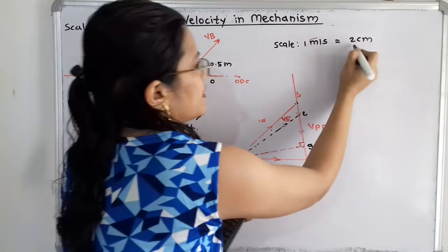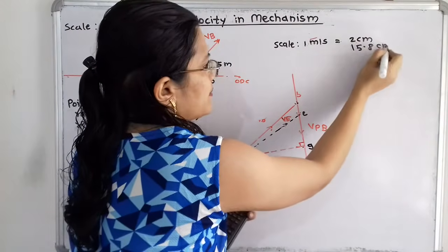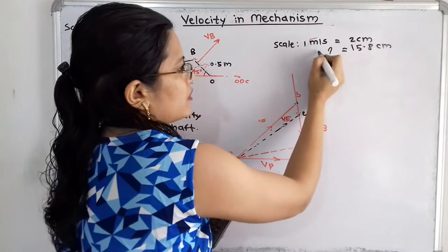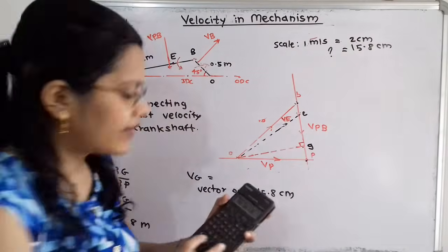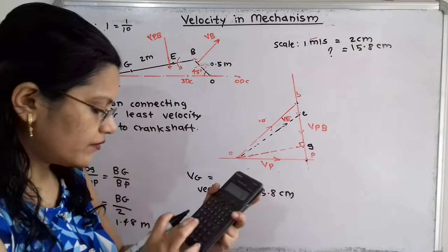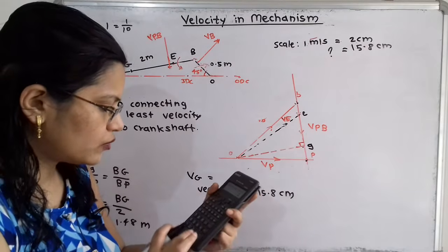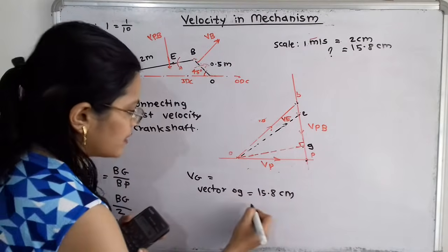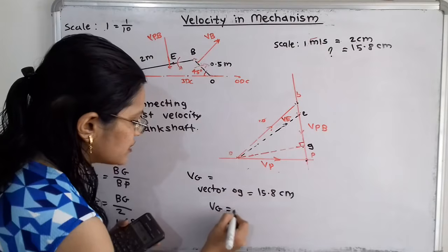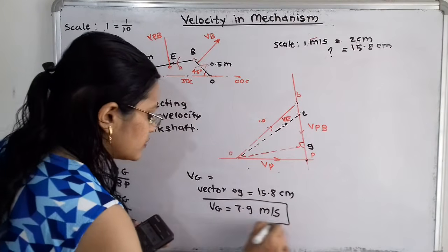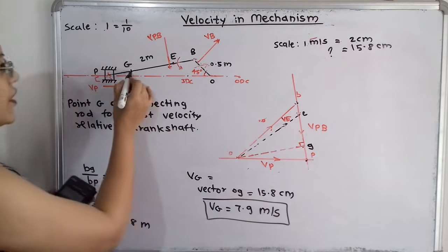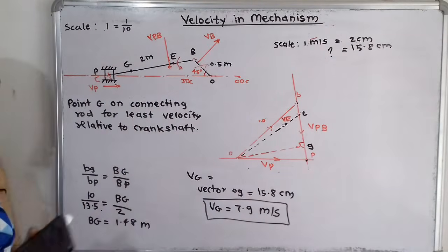So for 15.8 centimeter, here is the question mark. If I select this as the unknown term, 15.8 divided by 2 is 7.9. So I will say that Vg is equal to 7.9 meter per second. This is the least velocity for this point G on the connecting rod.